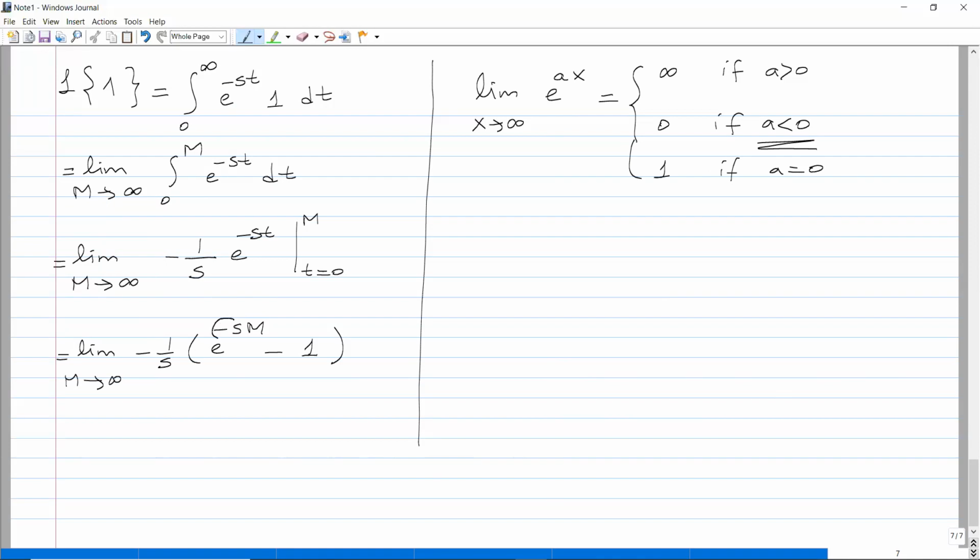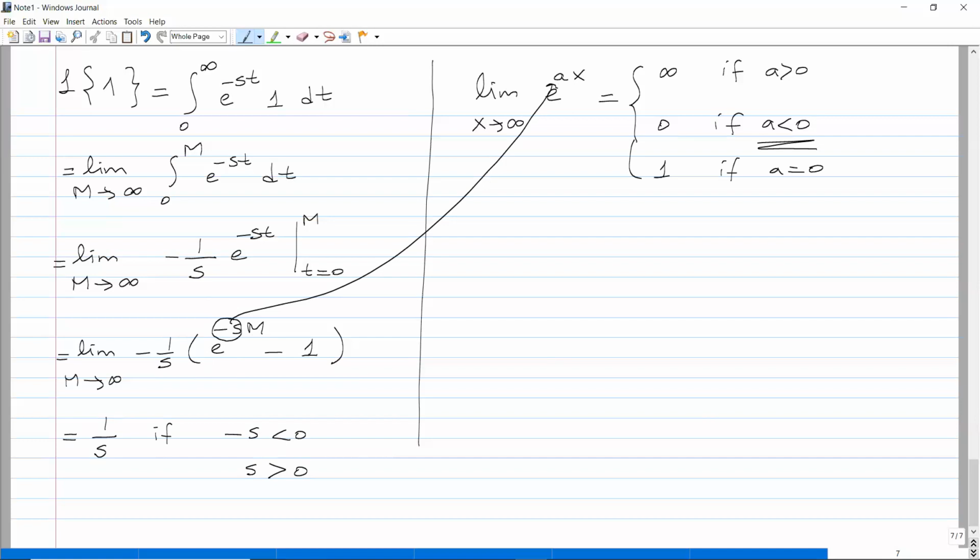Basically, we are going to consider the case when this number a is negative. Now, in our limit, the coefficient is minus s. So this is like the number a in this limit. So the limit of the exponential piece is going to be 0, and the limit is going to be 1 over s if minus s is negative. That means s is positive.